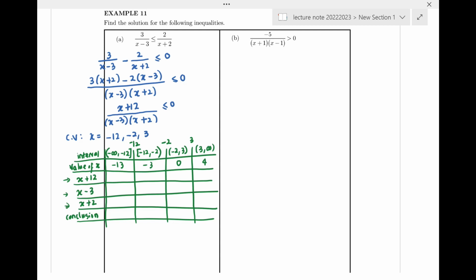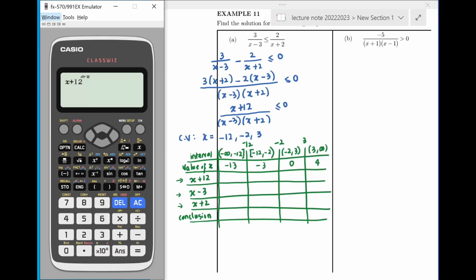Okay, so how to do that? For example, we key in x plus 12 in our calculator. Okay, and then first number is negative 13. So we press calculate and then substitute 13 and equal sign.